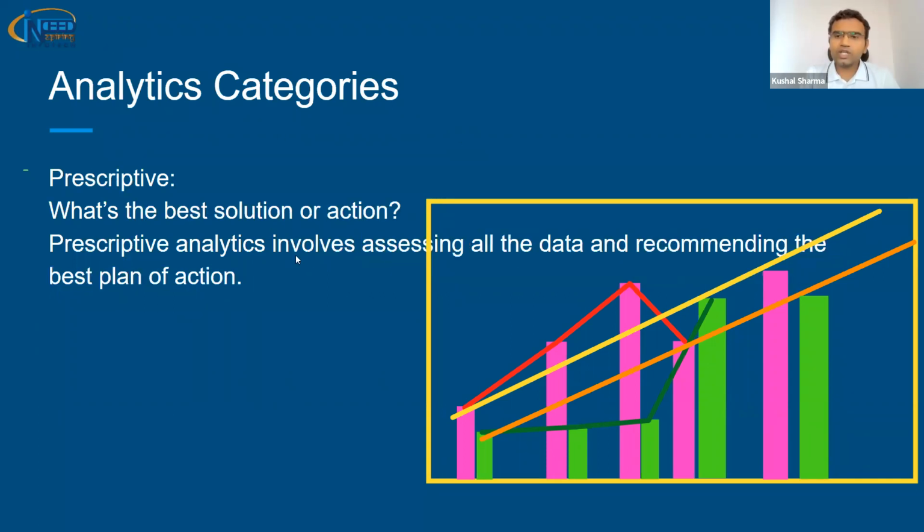Now, based on the predictions, we need to do prescriptive analytics. Prescriptive analytics tells us that whenever we have the predictions with us, we need to ensure that we don't lose the opportunity, and that we don't get into the same loss again.